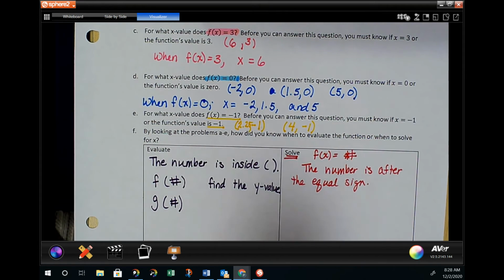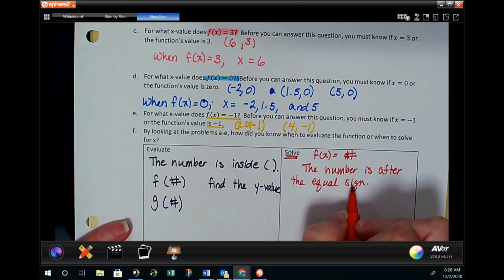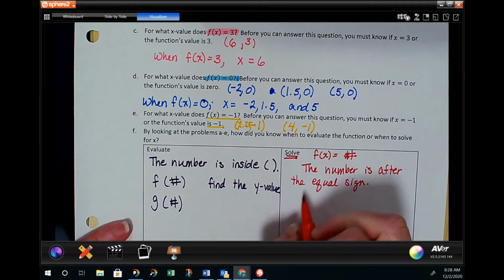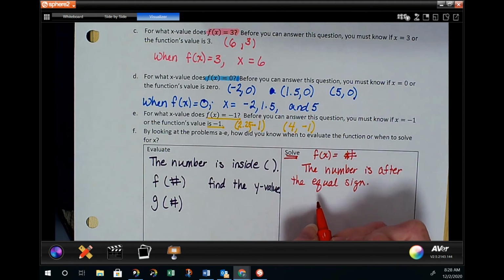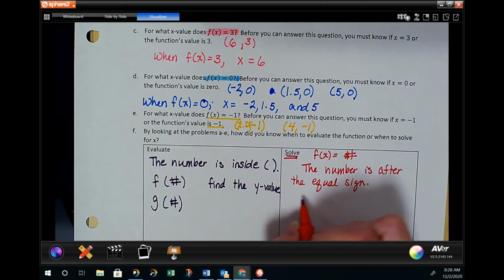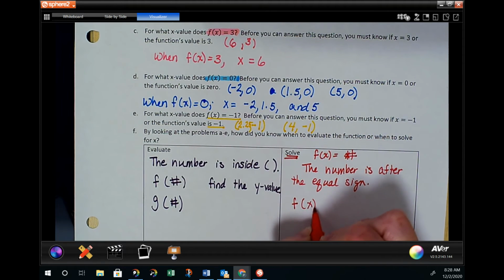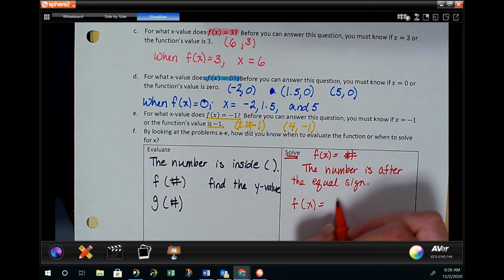So this is one of those things. That number is actually after that equal sign. So in this particular case, that number's after the equal sign, so now you have f of x is equal to whatever that number is.